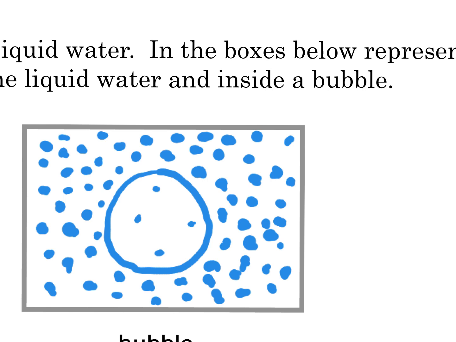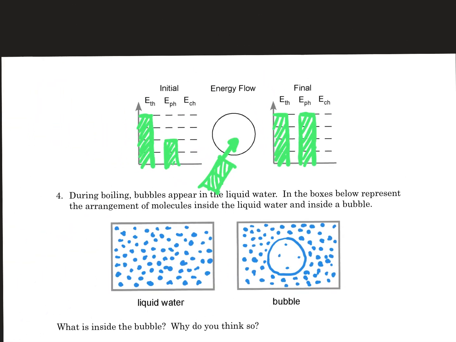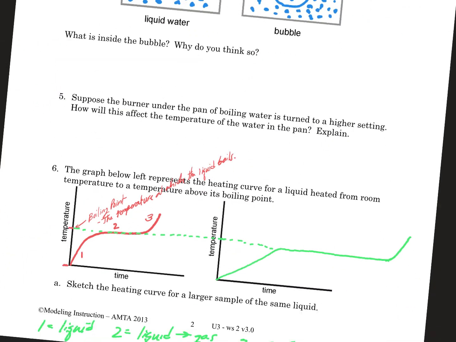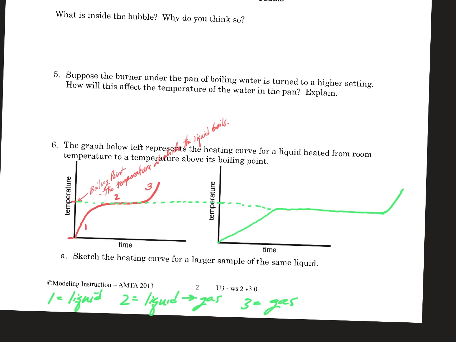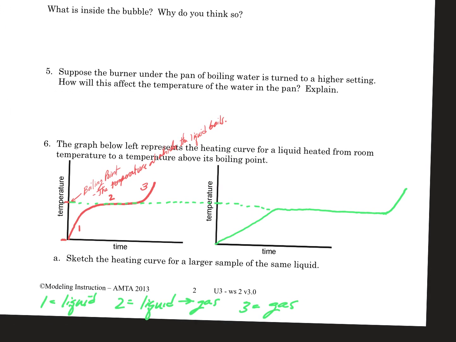During that time, we've got bubbles of vapor forming until we run out of liquid altogether. And for the gas, of course, that's particles separated from each other by a lot. I think we've answered all the questions there.